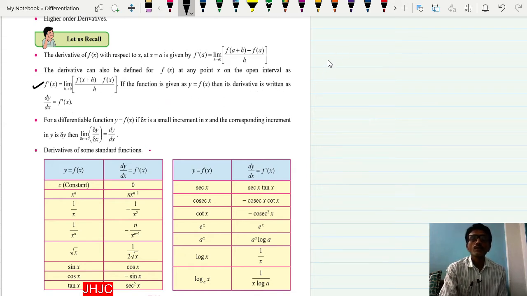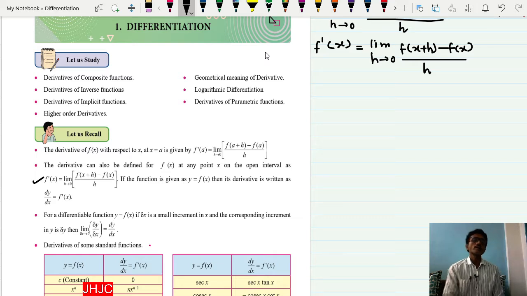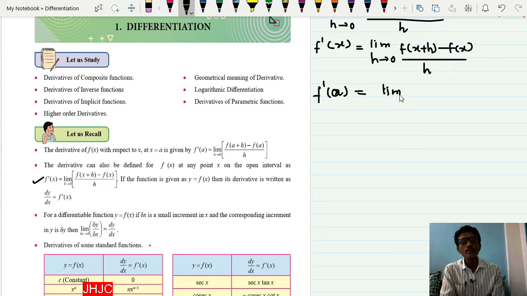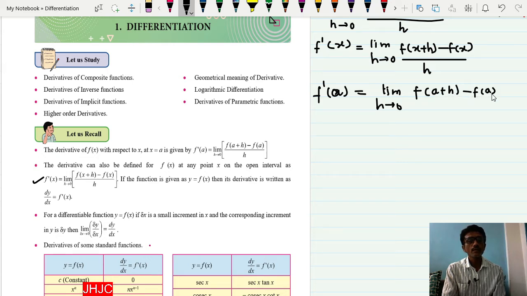Now derivative of the function at x is equal to a. F dash of x is equal to limit h tends to 0, f x plus h minus f x upon h. Then derivative of the function at x is equal to a is what? F dash of a is equal to limit h tends to 0, f of a plus h minus f of a upon h.